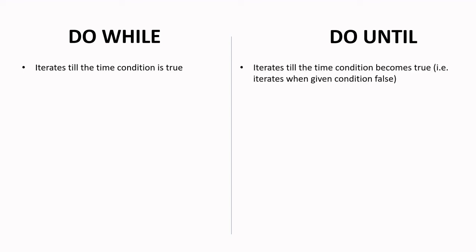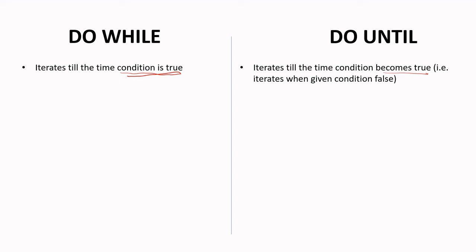And here in do until it says it iterates till the time the condition becomes true. So the difference is, here it iterates while the condition is true. When the condition is true, it will iterate. Here, when the condition becomes true, it will stop. So this is the difference we need to be careful about.